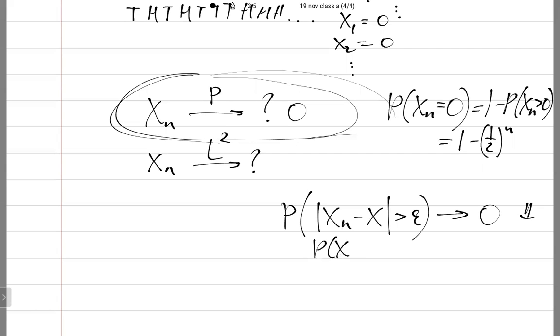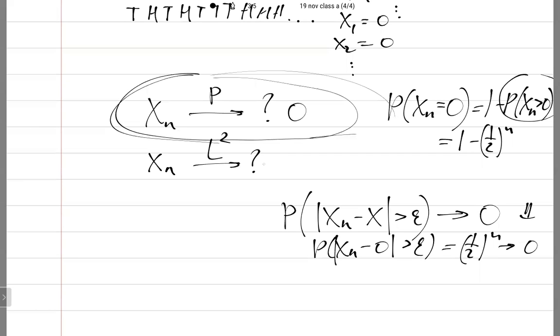The probability that xn differs from 0 by any small amount, according to this rule, is 1 over 2 to the n, and it tends to 0. So by the definition, xn tends to 0 in the probability sense.